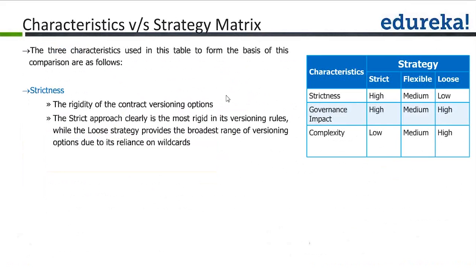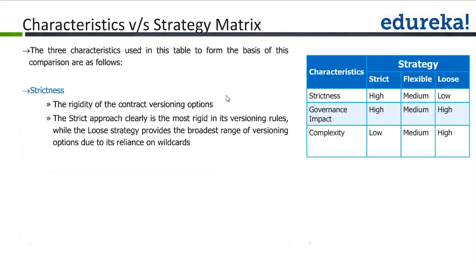So I'll walk through a few points around each characteristic. The rigidity of the contract versioning options. The strict approach clearly is the most rigid in its versioning rules, with the loose strategy providing the broadest range of versioning options due to its reliance on wildcard.